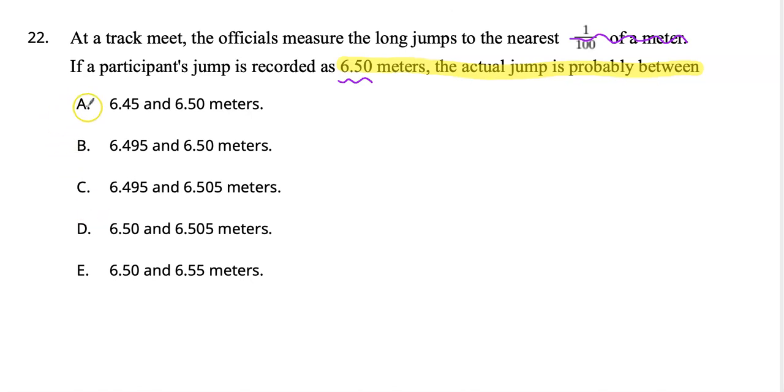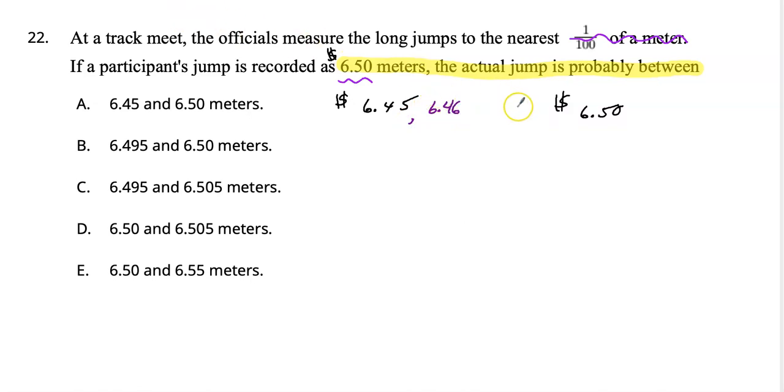Welcome back. Well, let's look at A real quick. We have 6.45 and 6.50. Let's pretend this is money. And I'll put a dollar sign here too, even though it's really not money. If I said pick a dollar amount between $6.45 and $6.50, you would probably say, oh, how about $6.46?